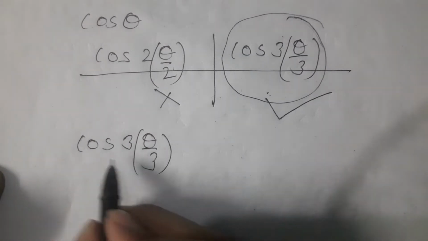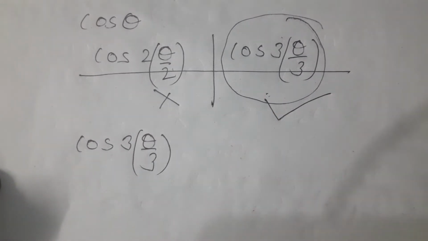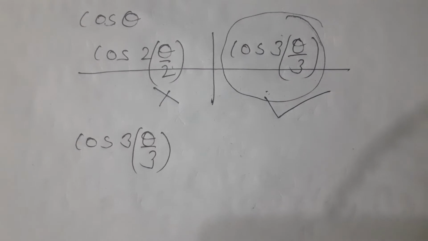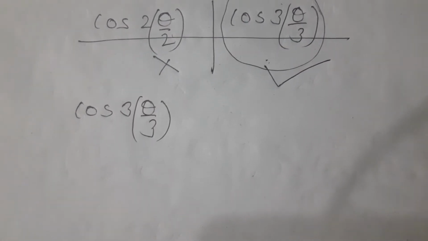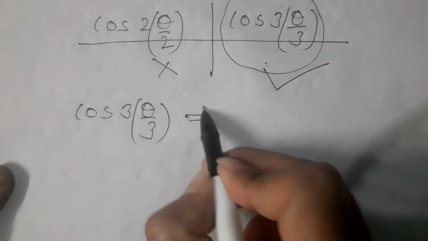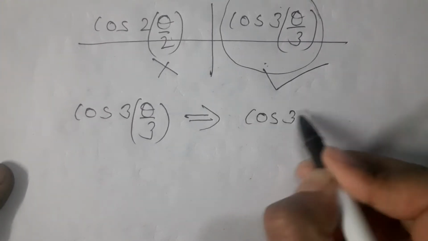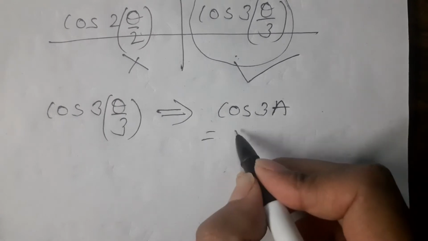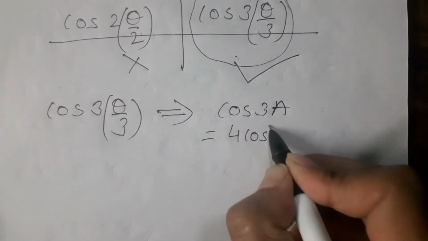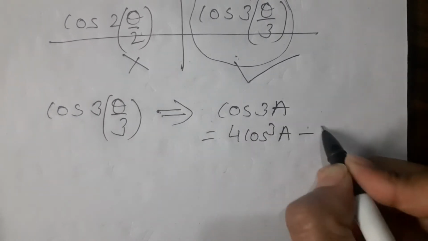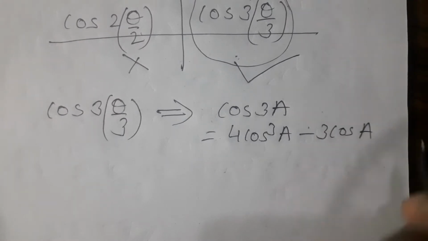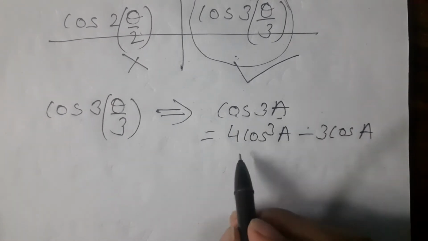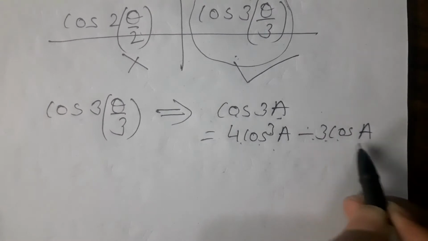Okay, now after doing this, what to do next? Of course, the way I have chosen, but you also need to know the formula to solve the further process. Now, don't you think this looks like cos 3a? And what about the formula? The formula of cos 3a is 4 cos cube a minus 3 cos a.